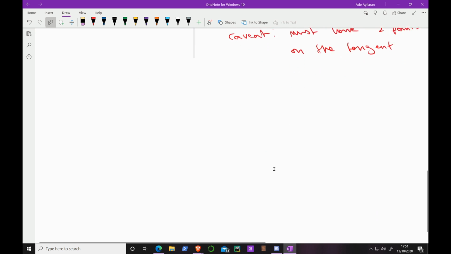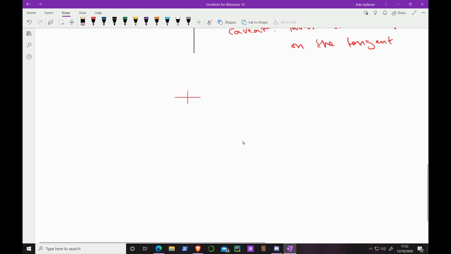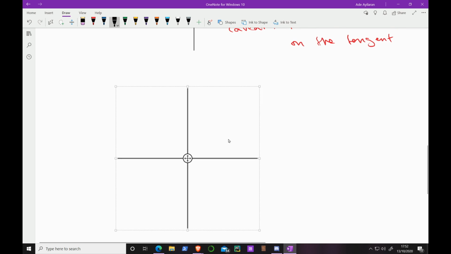So I'm going to redraw the situation again with the y equals x squared graph. So that's x, that's y, and this is our curve.